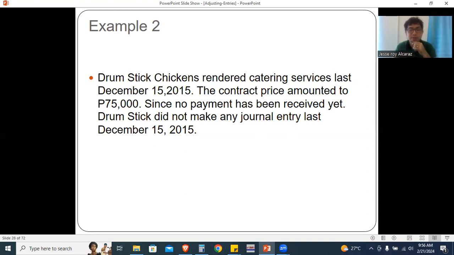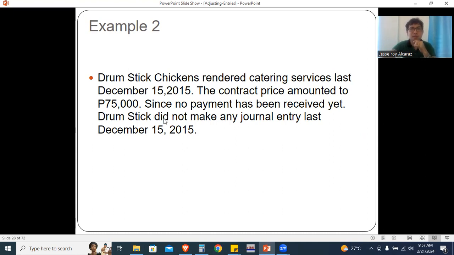However, since we are following an accrual method, then we record income when earned, not when received. So anong na-earn naman? Because we have already rendered the catering service amounting to 75,000 pesos.